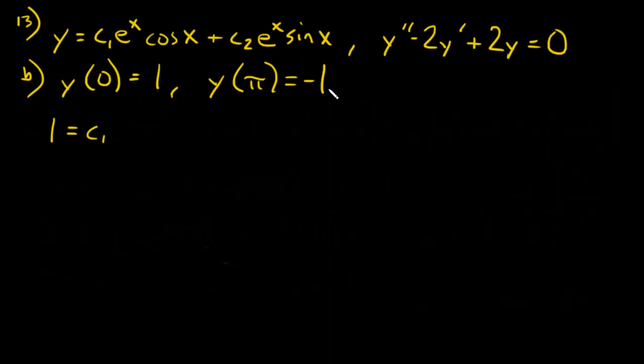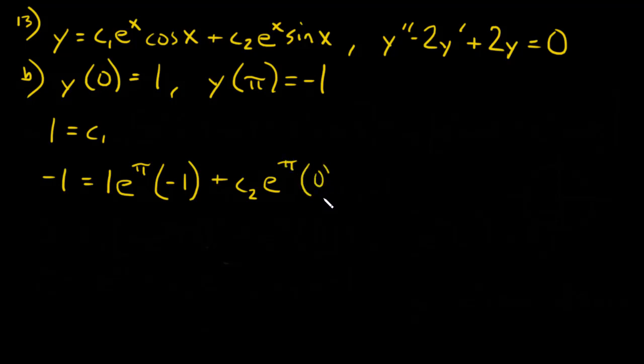So this one is y at pi is negative 1. So if I put negative 1 is equal to c1, which is 1, times e to the pi times cosine pi, which is negative 1. That's the x value at pi, so that's negative 1, plus c2 times e to the pi times sine of pi, which is, yes, again, 0.